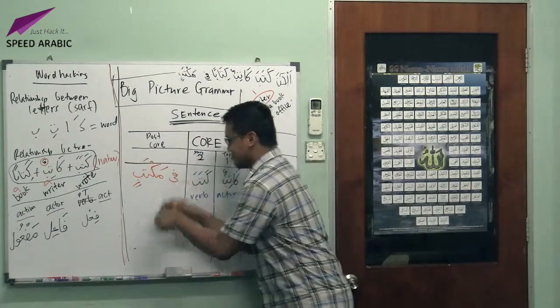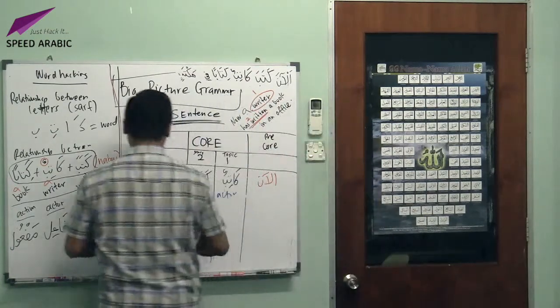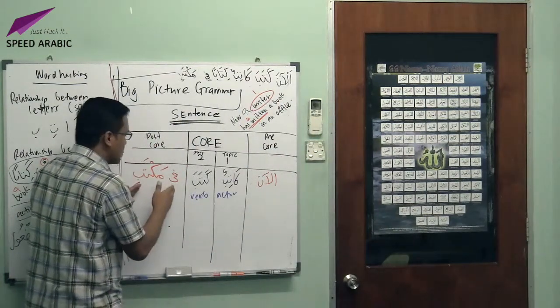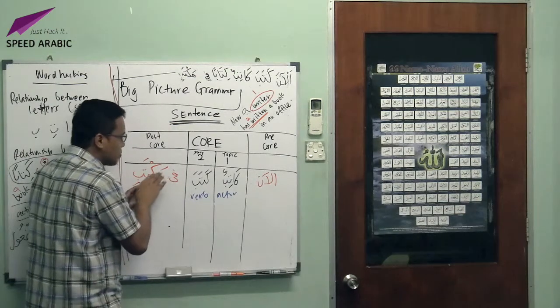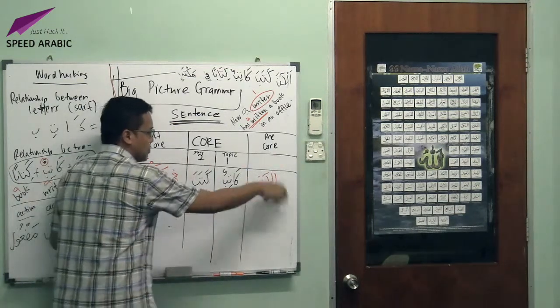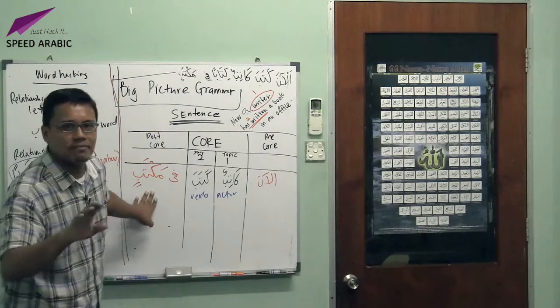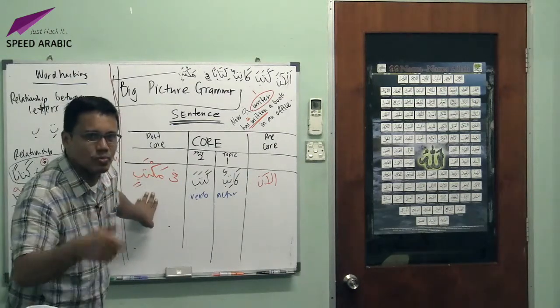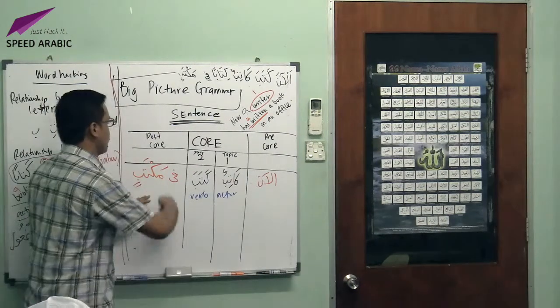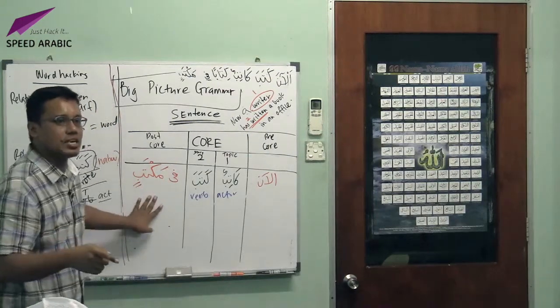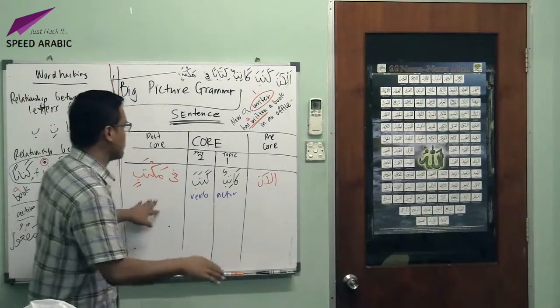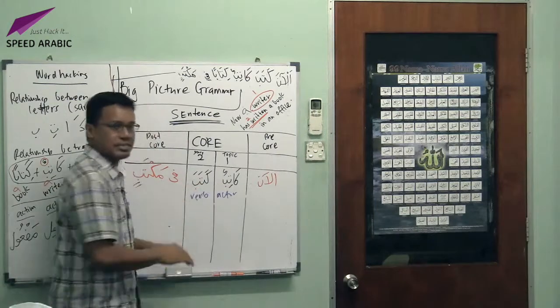When the post-core is pushed to the front, it wants to emphasize. The speaker wants to emphasize the post-core. It doesn't just want to say that the writer is writing.